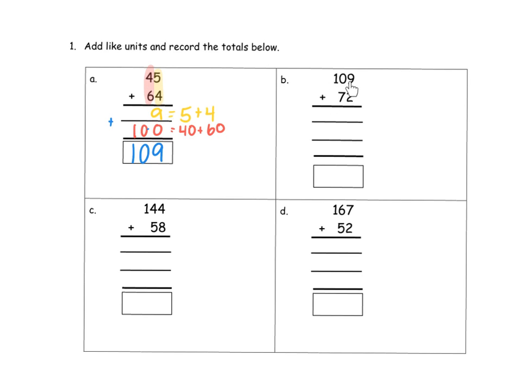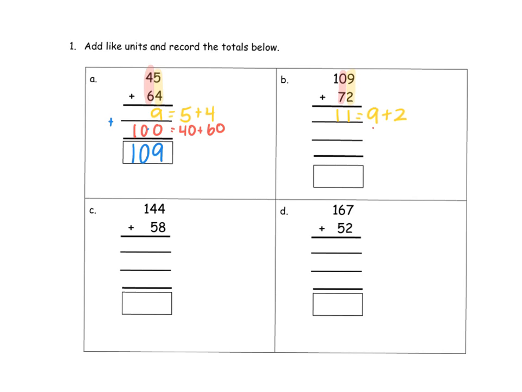I see 109 plus 72. I'm going to first look at my ones place numbers. And I see 9 plus 2. 9 plus 2 equals 11. Then I'm going to look at my tens place, there's a 0 there.